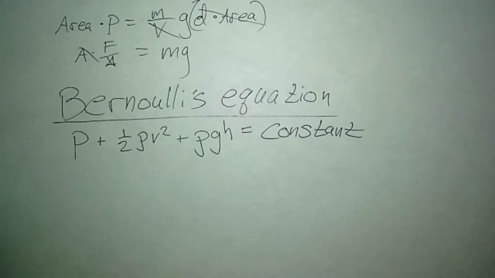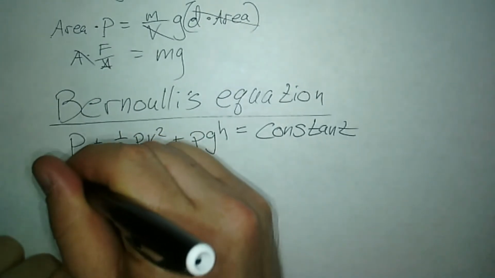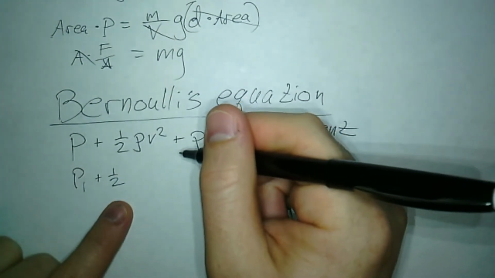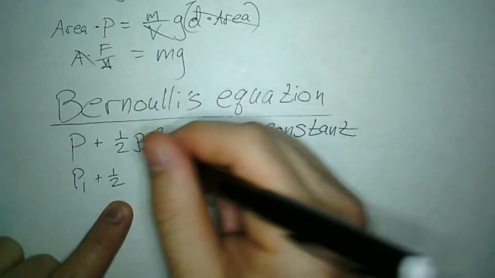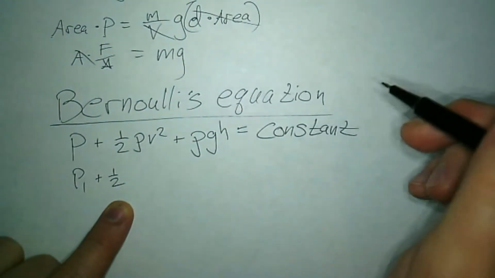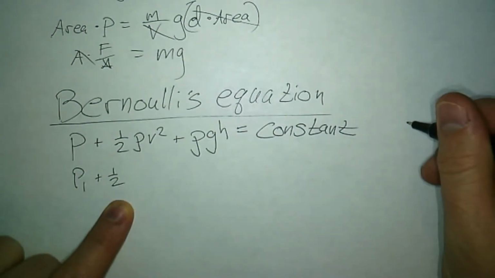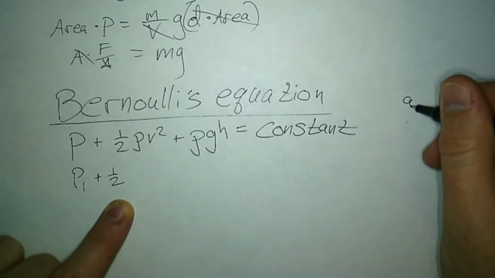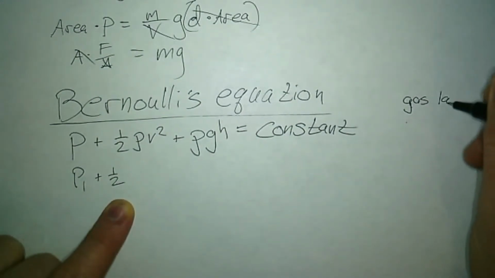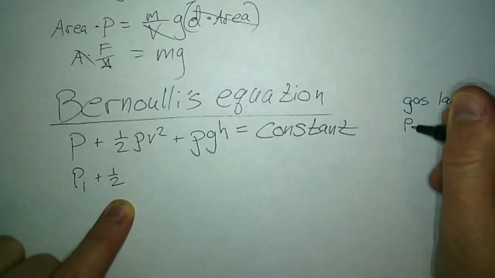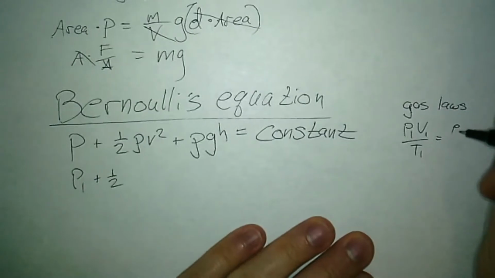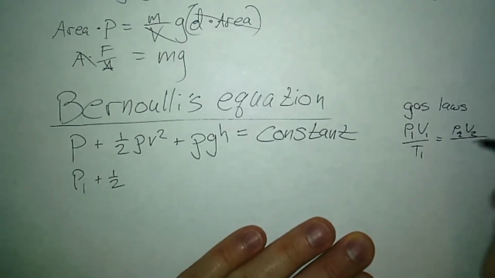Now, probably a more useful way of writing this than saying it's equal to constant is actually saying pressure 1 plus, kind of like you did in the ideal gas law in chemistry, or like the relations, you would say like P1 V1 over T1 is equal to P2 V2 over T2, right? So let's just write this over here as a comparison. Gas laws. Like P1 V1 over T1 equals P2 V2 over T2.